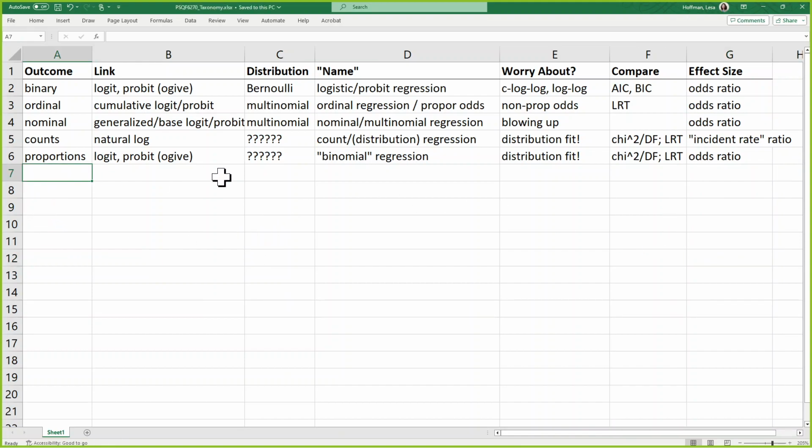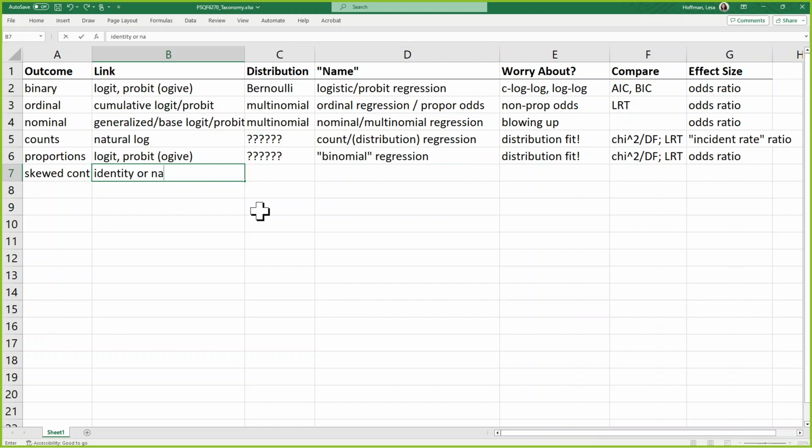How about something that is skewed continuous, like money, response time? Identity. Identity, or what if I want to make sure that my response time doesn't go negative or my money doesn't go negative? Oh, yeah, we got the technology.